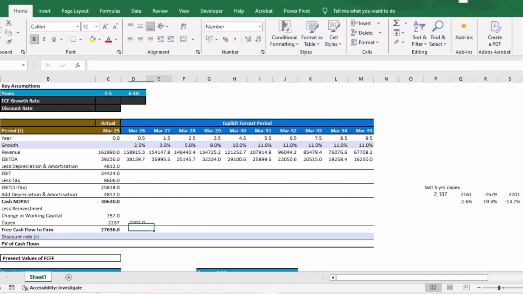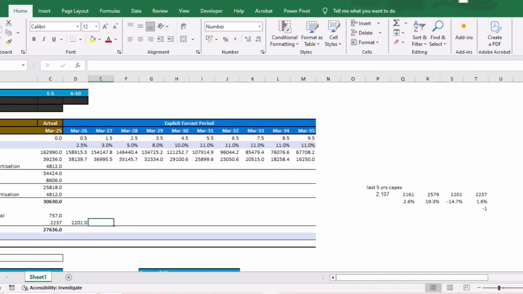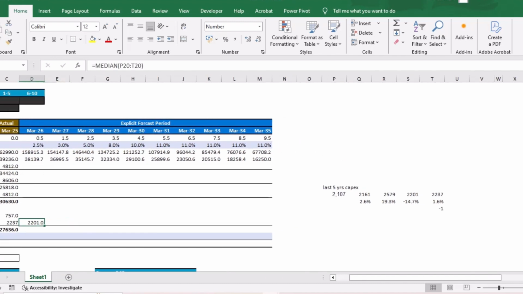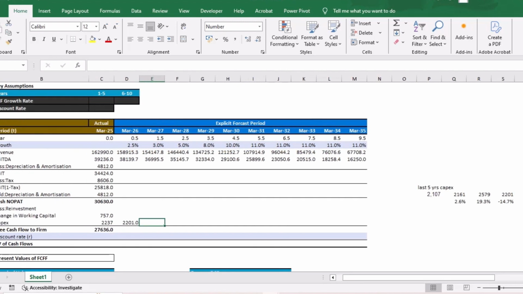Okay, and the reason for taking the median was that there may be an instance that the company has done extremely high capex in the latest year, but on average the company does not do so. So to eliminate that, we have taken the median of the last 5 years.